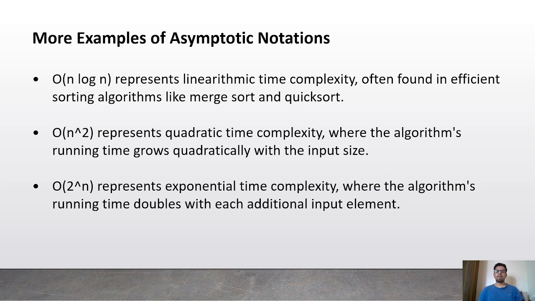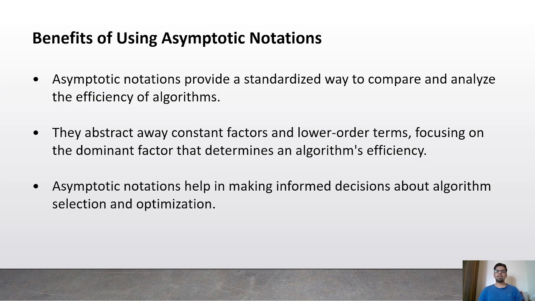Big O of 2 power n represents the exponential time complexity where the algorithm's running time doubles with each additional input element.